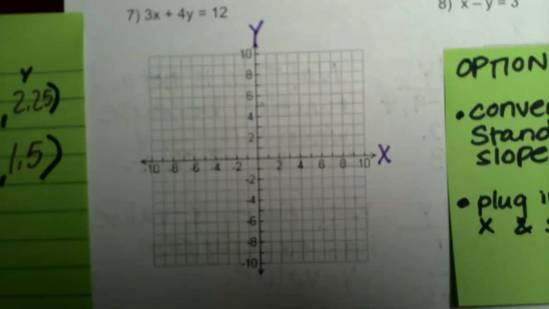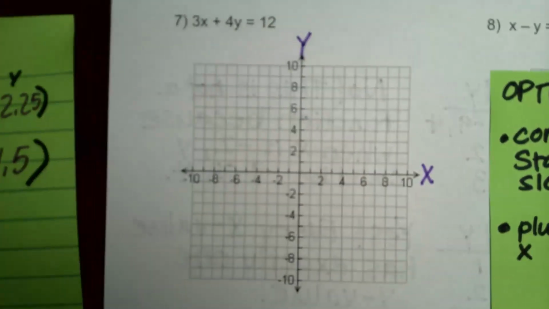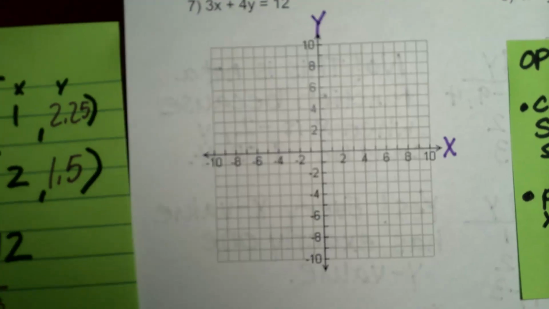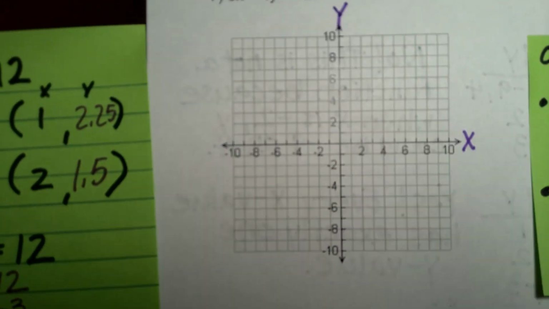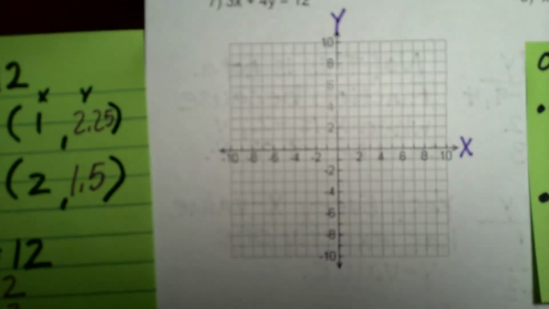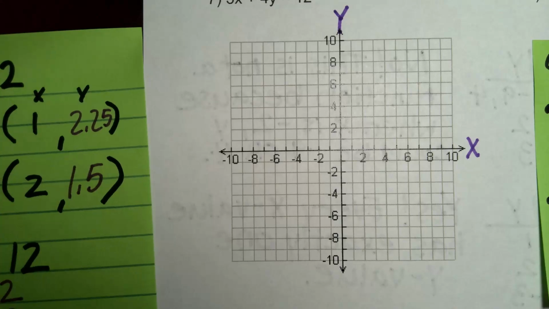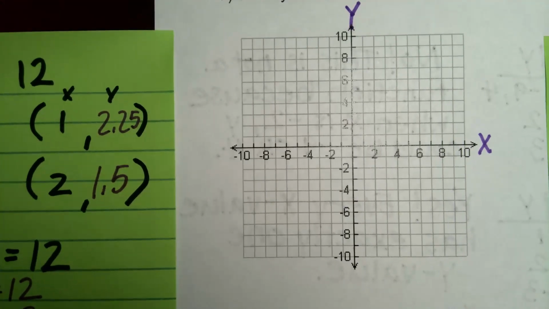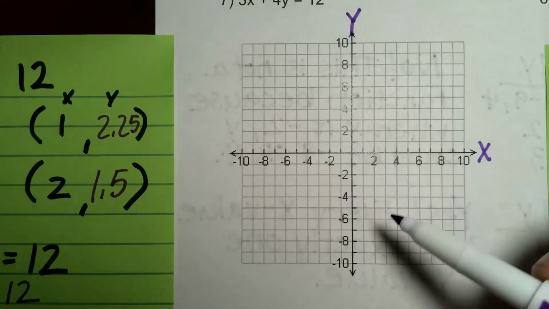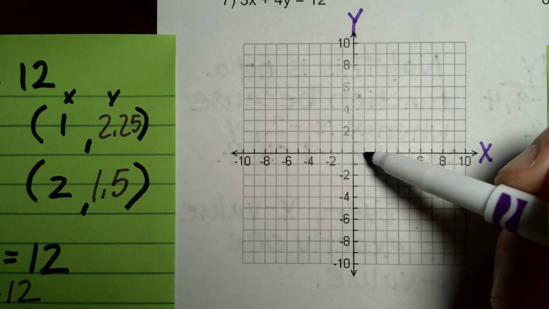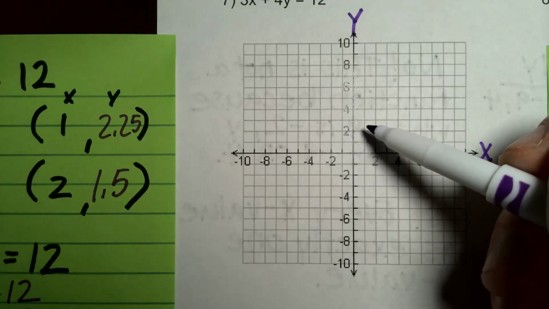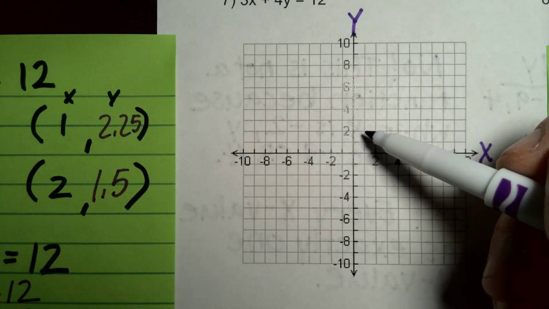Yes. Let me get a little closer. This is going to be tricky to see since we've got small decimals here. There we go. So we're going to go over 1 and up 2.25.